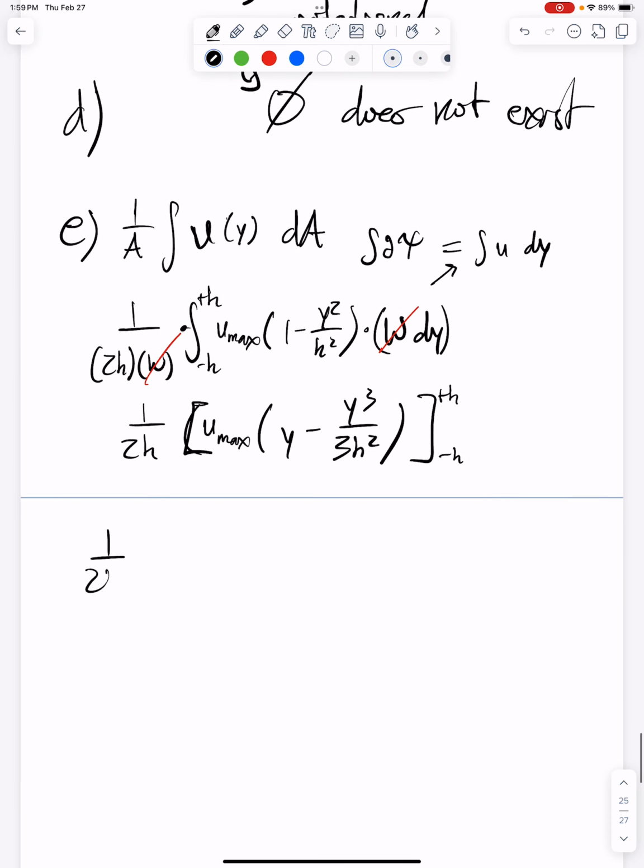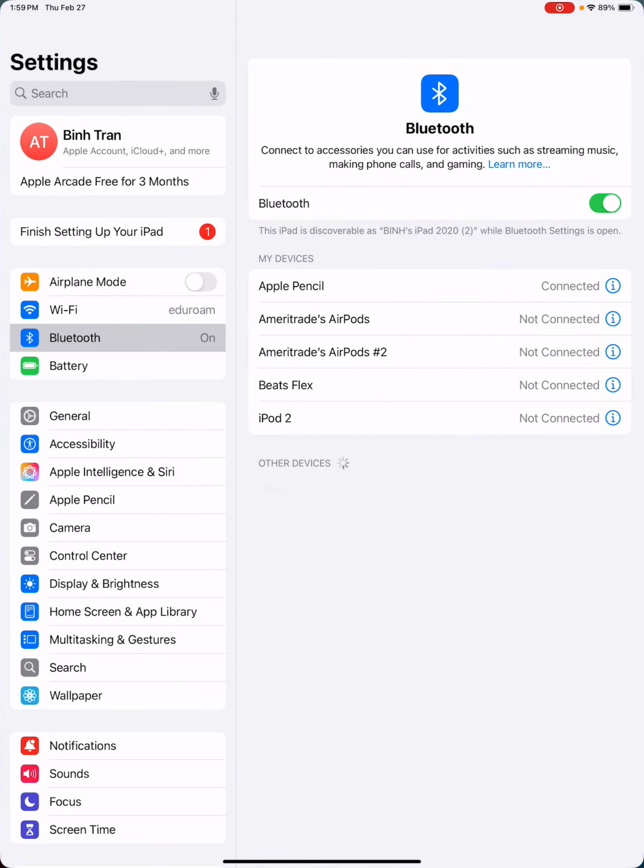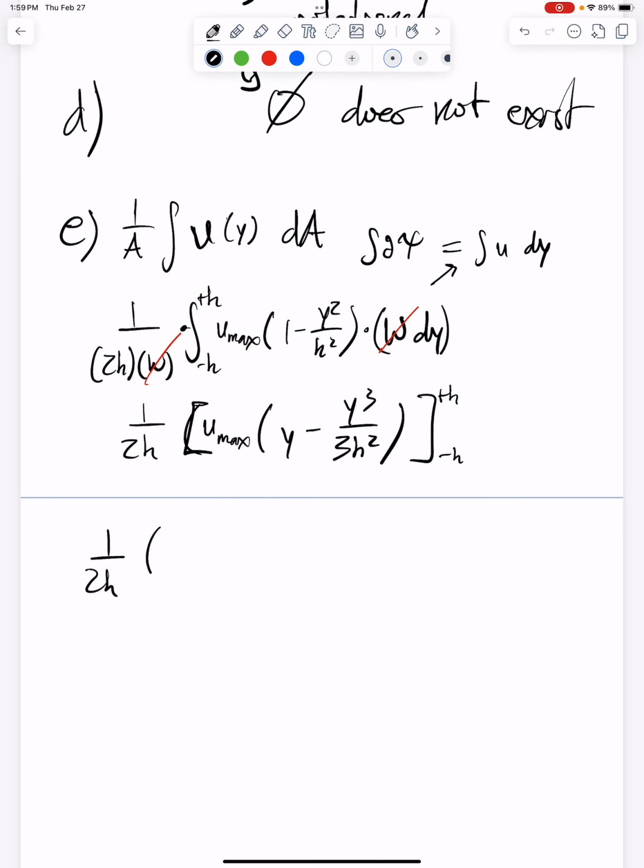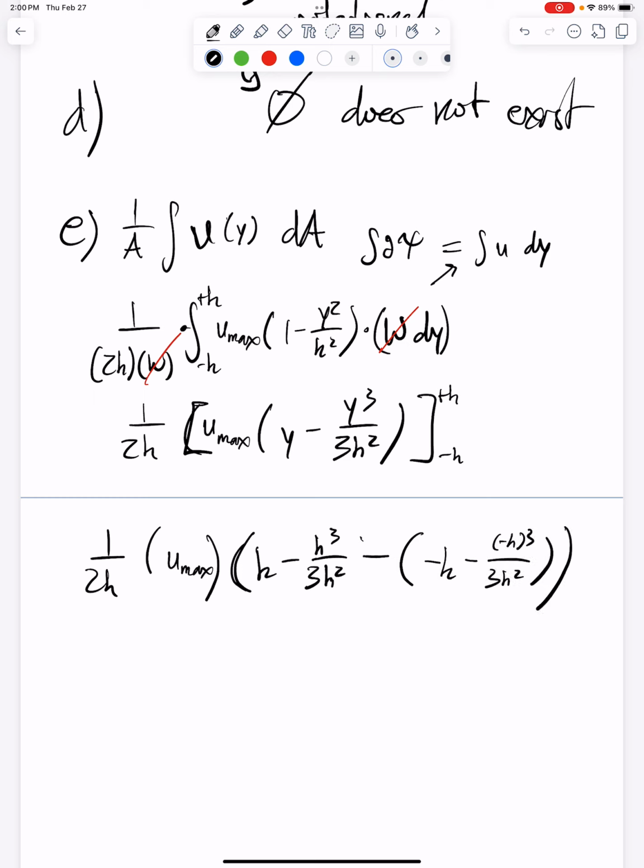One over 2h multiplied by u max times h minus h to the power of 3 over 3h squared, minus negative h minus negative h to the power of 3 divided by 3h squared.